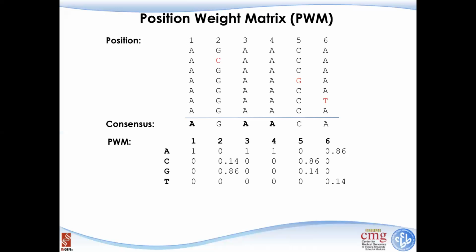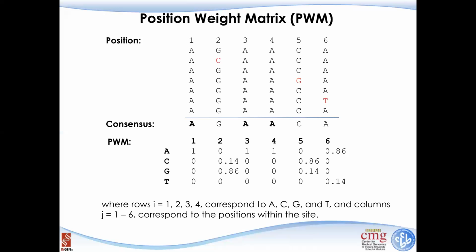And now from 1 to 6 are the positions. So you can see for the first position, it's 100% A here. For the second position, most are G and only one C. So we can get the frequency matrix, or we call it the position weight matrix here.